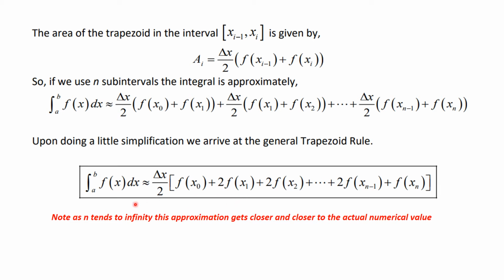So we get this nice patterned formula. The integral is approximately equal to delta x divided by 2, and the pattern is the coefficient here is 1, the coefficient here is 1, but all of those in between have coefficients of 2. This is the trapezoidal rule. Note that as n tends to infinity, this approximation gets closer and closer to the actual numerical value. It's good enough to do engineering with.